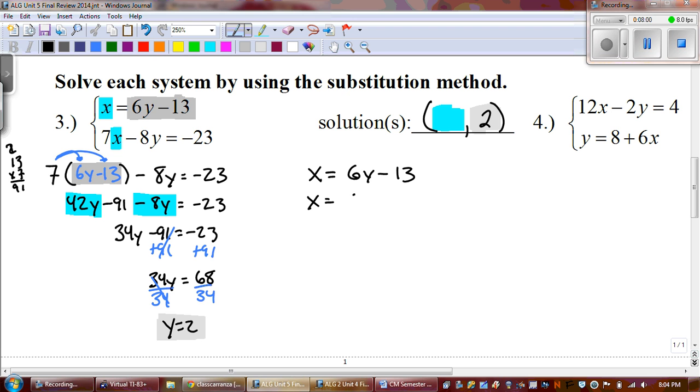So what we're going to do is we're going to plug in that y that we just found, which was 2, and solve. So 6 times 2 is 12, and 12 minus 13, we get x equals -1. And now we've got our point of intersection, which is -1, 2.